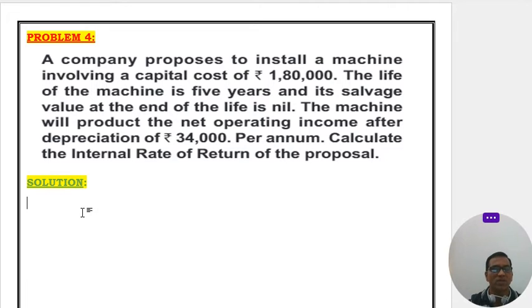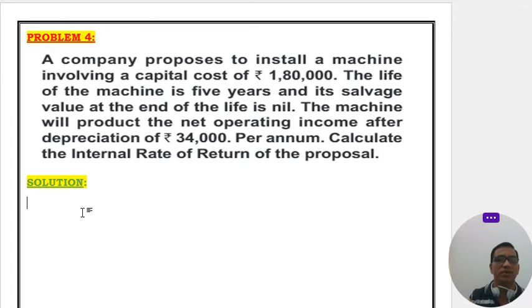So what we will do? We will find out the F value. F is fake payback period, or it is also called factor to be located. Fake payback period you can calculate, that is cost of the project divided by annual cash flow.